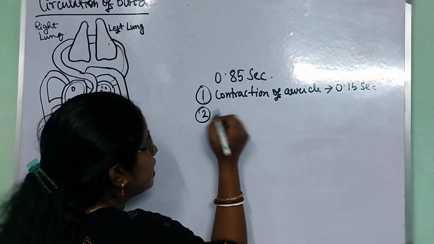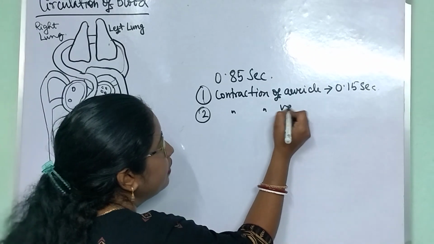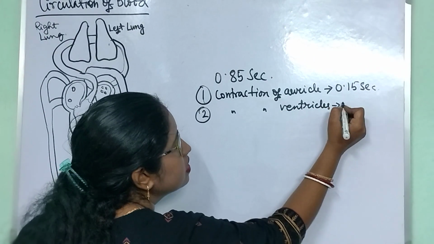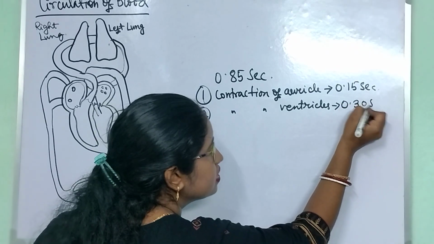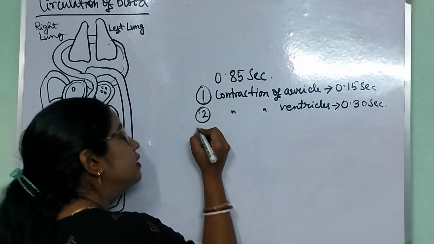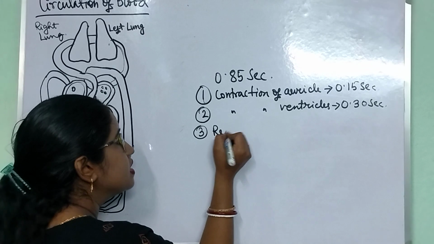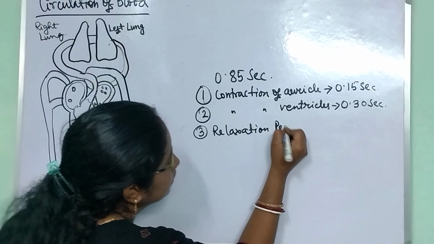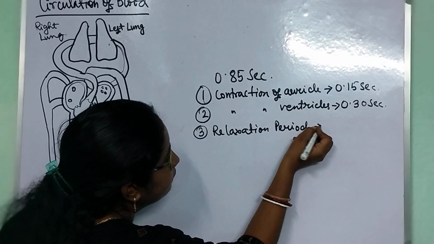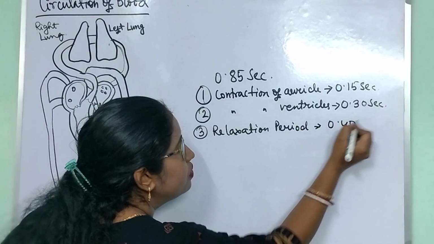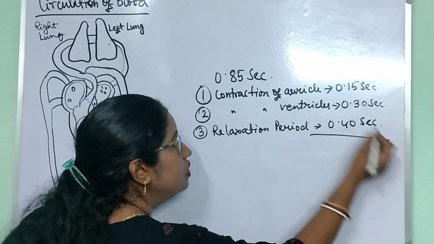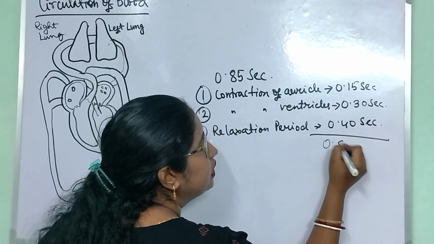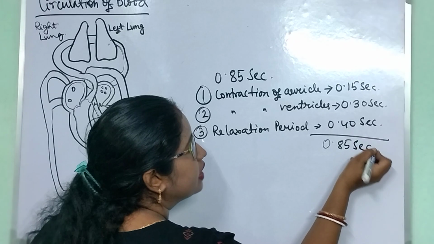Then the second event is contraction of ventricles, that lasts for 0.30 seconds, and third event is relaxation period that lasts for 0.40 second, and all these three events took the total time 0.85 second.